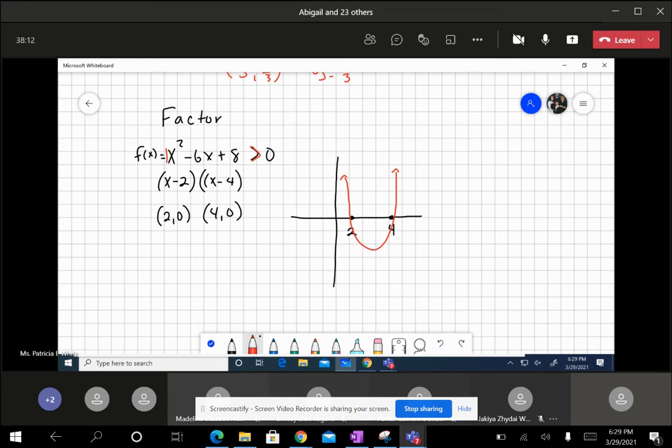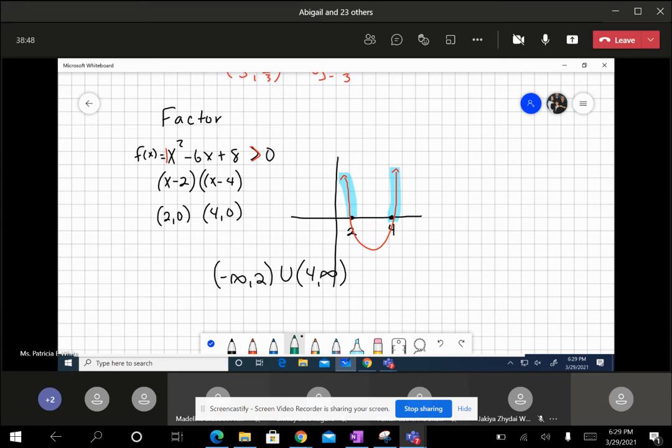So since I'm looking for above, I want to know what that answer is. This is the one that has a break in it, right? So we have to use that union symbol. So we're going from negative infinity to 2. And I'm using parentheses because I do not have the or equal to. Union 4 to positive infinity.